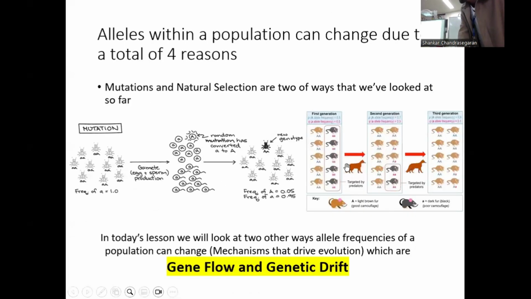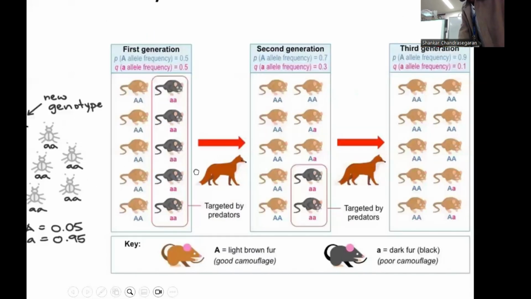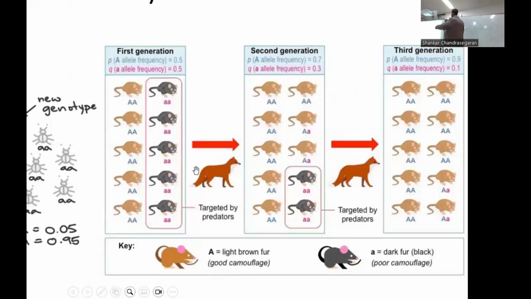When we think about natural selection, this is when a selection pressure is selecting for an advantageous phenotype within a population. Over time, the advantageous phenotype has higher fitness, meaning higher survivability and reproducibility, and will start to take over the population.